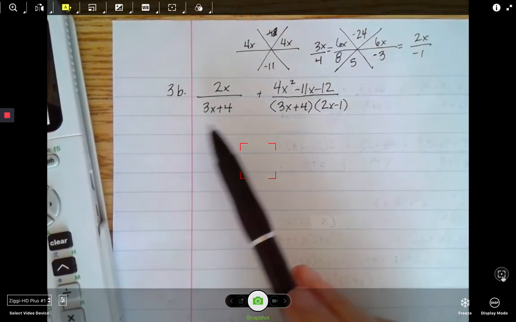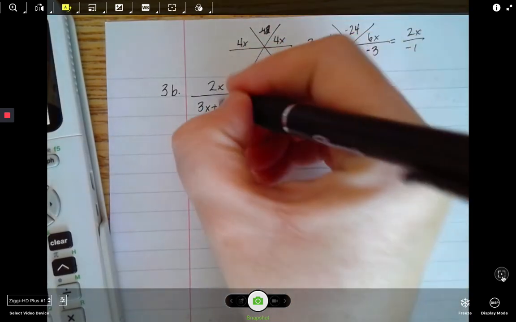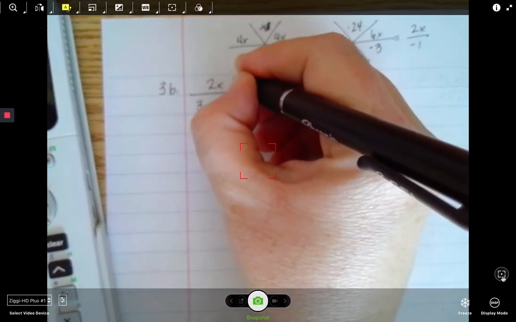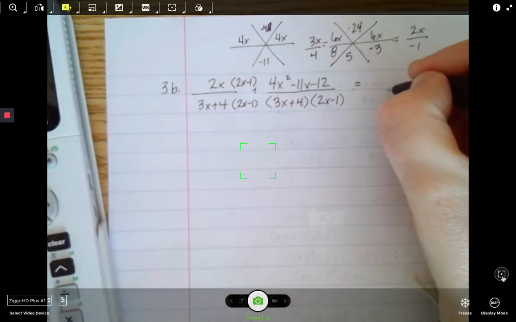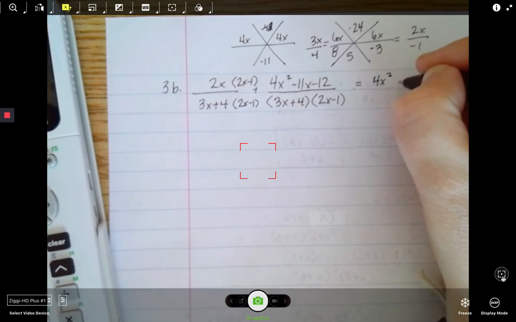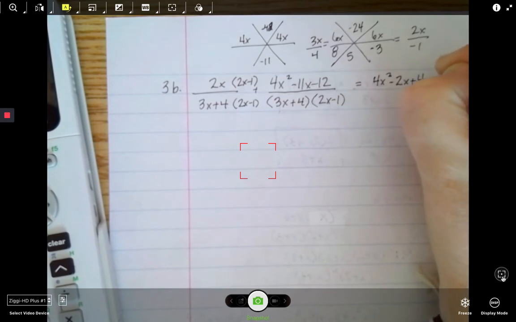What do I need to add to this denominator so that they are alike? Yep. I'm going to multiply by 2x minus 1 and 2x minus 1. 2x times 2x is 4x squared. 2x times negative 1 is a negative 2x. And then we got our plus 4x squared minus 11x minus 12.